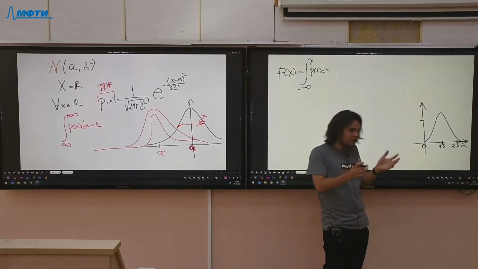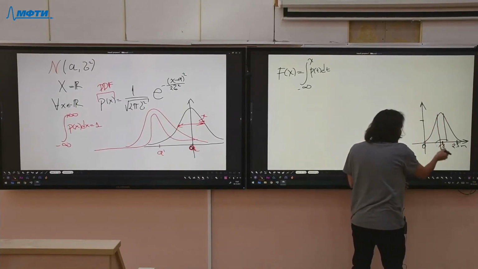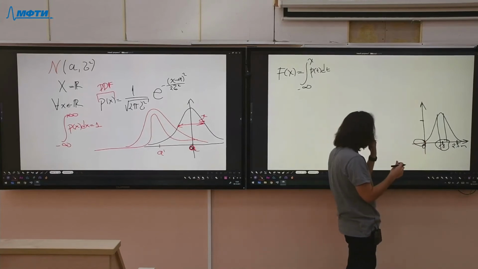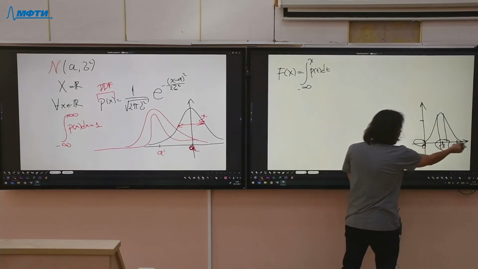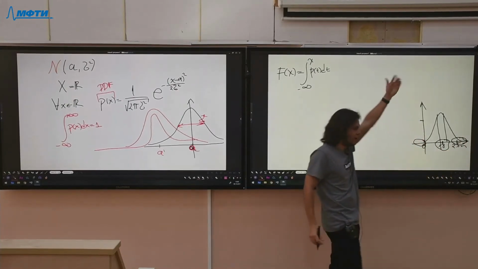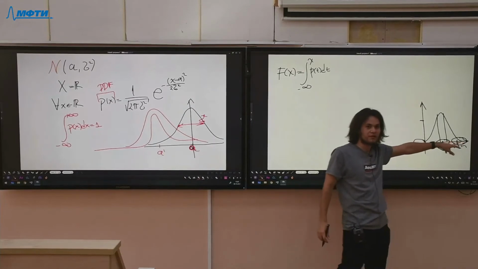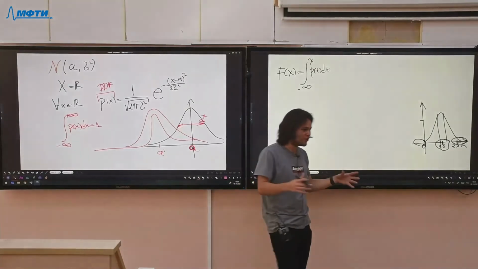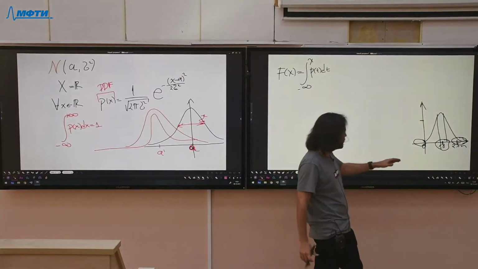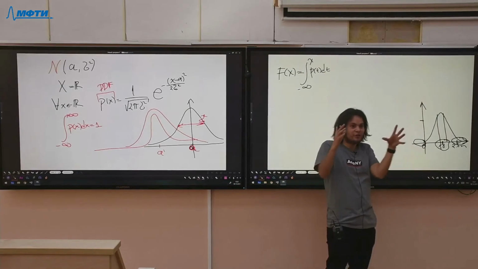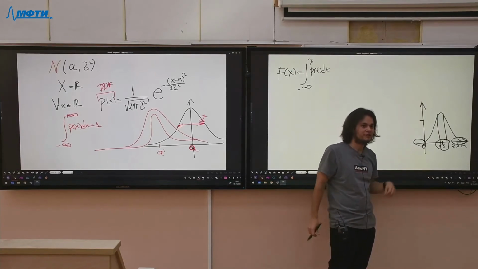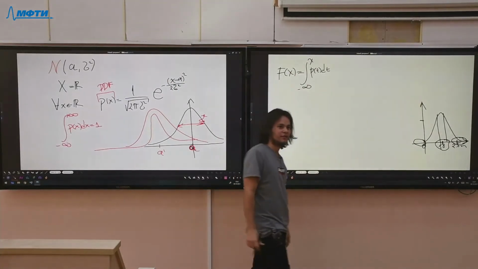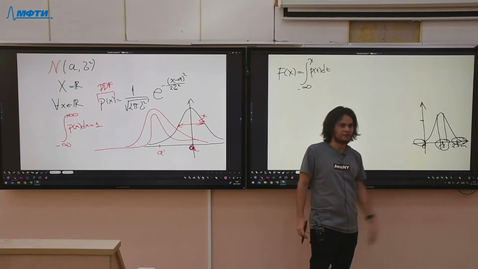There are a lot of people with this height, and there are not too many people that are higher than 2 meters or something, right? So this is an example of that. And in nature, in the real world, most things work like this. So the normal distribution is everywhere.